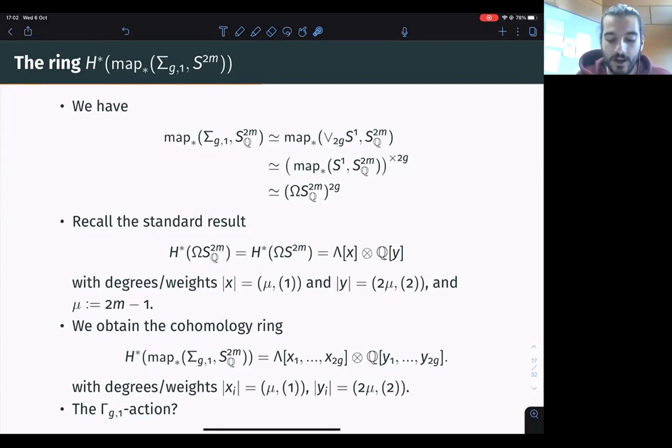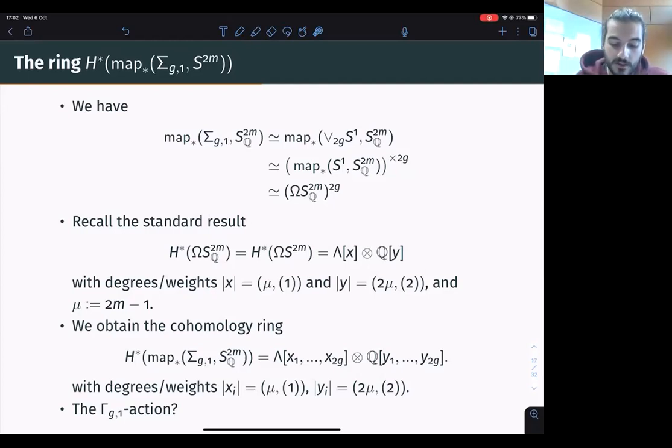I take out the wedge to make a product. So that's the product of 2G copies of the loop space of the rational sphere. But that's something that we know: the cohomology ring of loops of the rational sphere is the same as that of loops of the sphere.